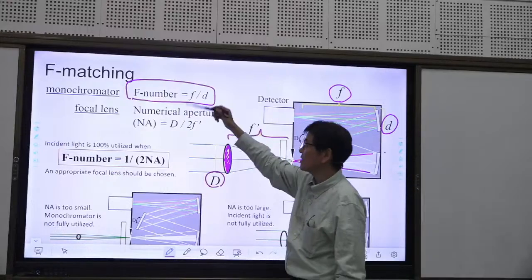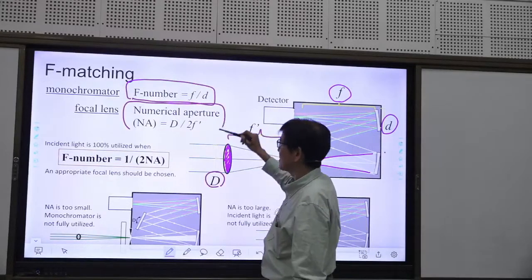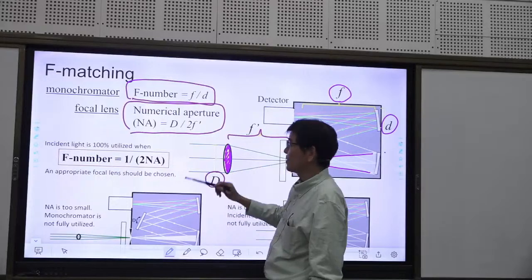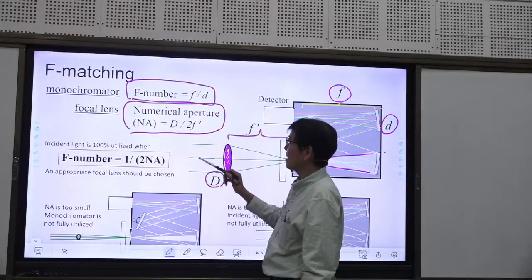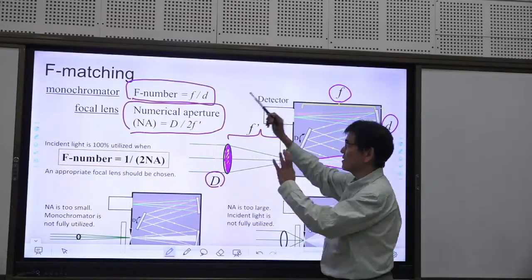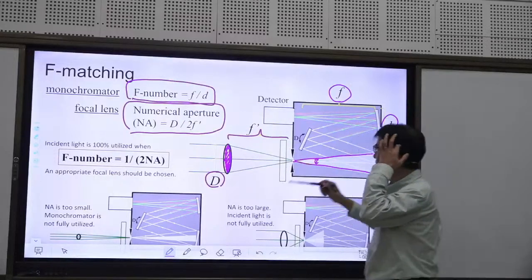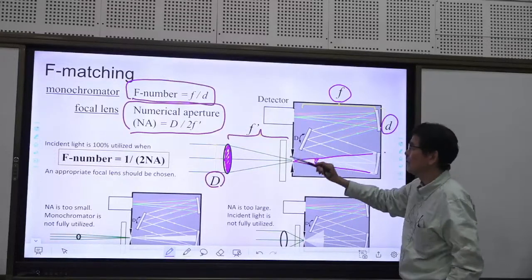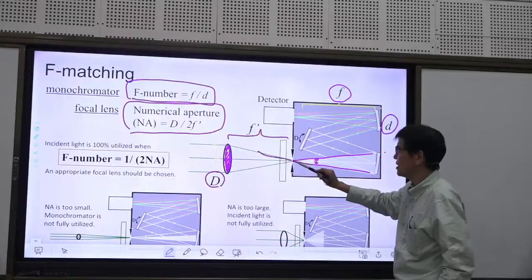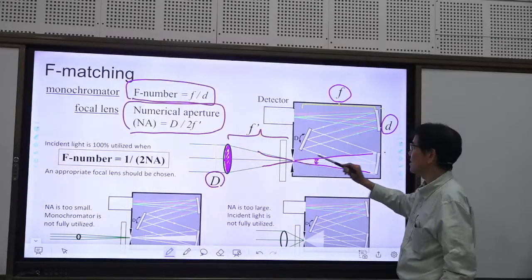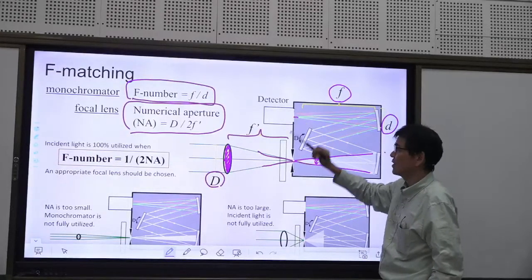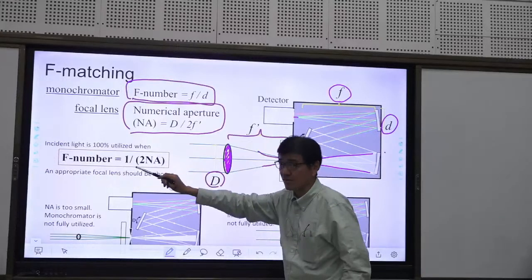Considering these two parameters, there is a relationship. The incident beam is 100% delivered to the detector when this equation is satisfied.